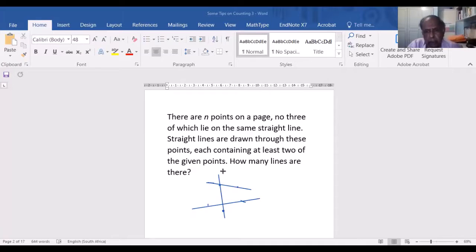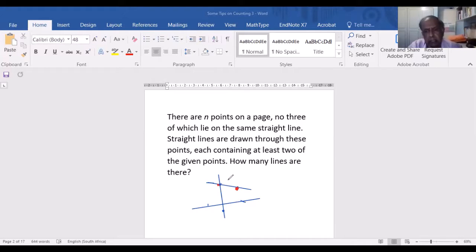All right. Now to draw a line, you need to choose 2 points. Those 2 points will determine a unique line. Right? There's only one line that can be drawn through those 2 points.